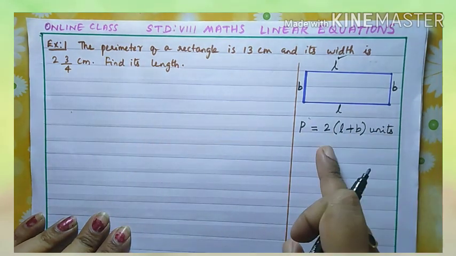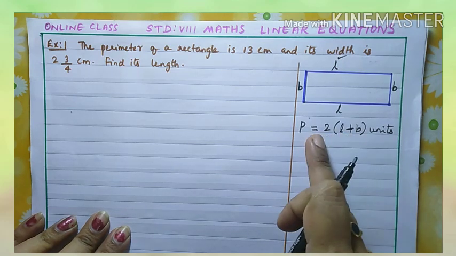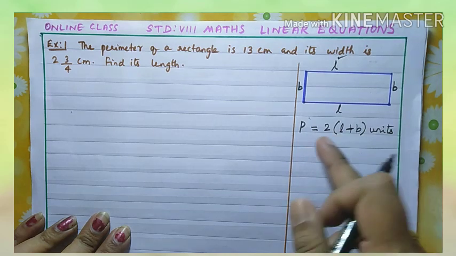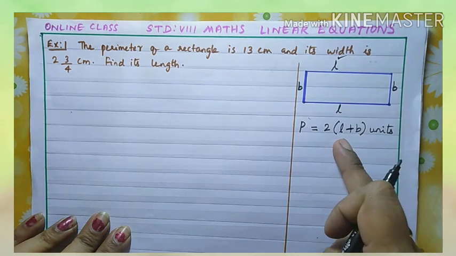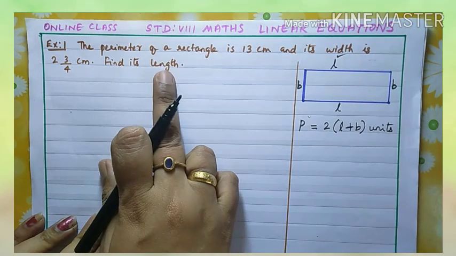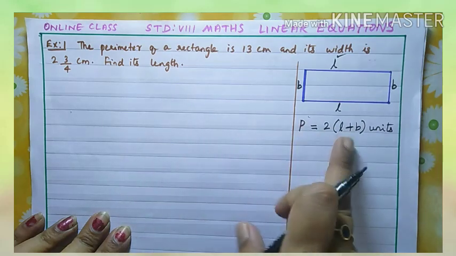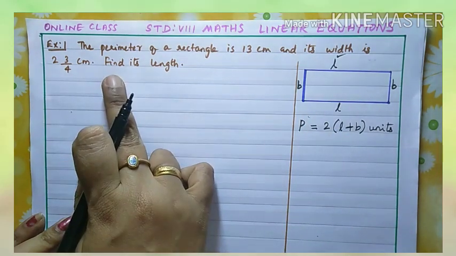Actually this is our equation. You see P equal to 2 into (L plus B) has an equality sign, so this is an equation. What are the variables here? L, B, P are the variables. What are the values given in our question? We want to use them in this equation and find the unknown quantity. What is the unknown quantity here?